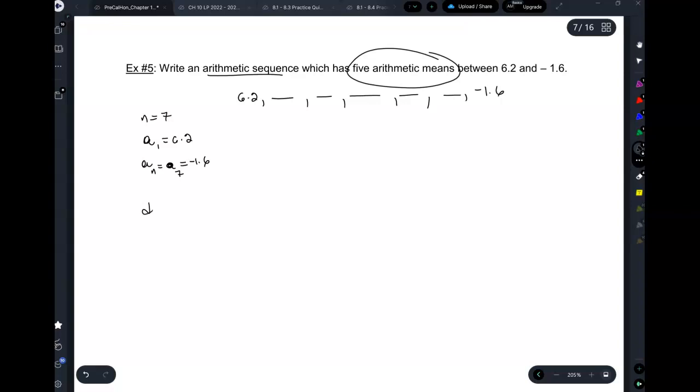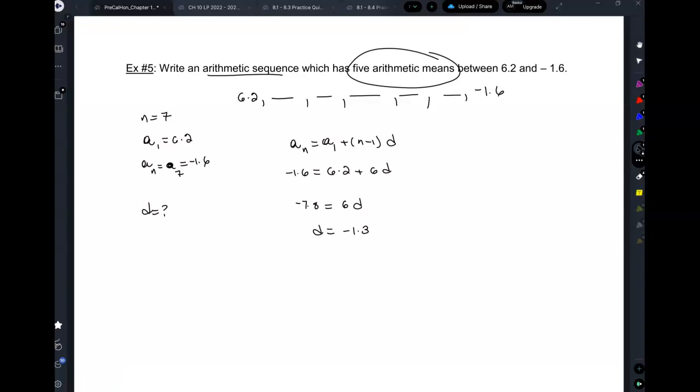So what we want is to find D. A n is A1 plus n minus 1 times D. Negative 1.6 is 6.2 plus 6D. So this is negative 7.8 equals 6D. D is negative 1.3.